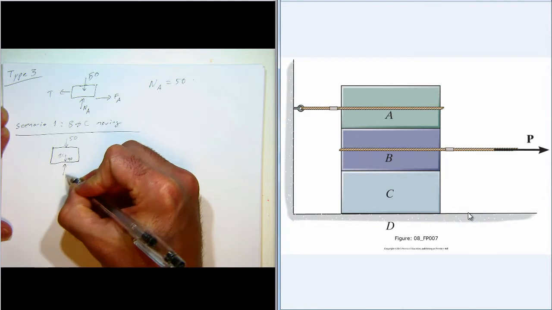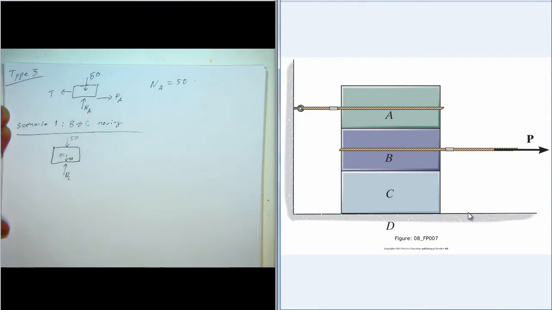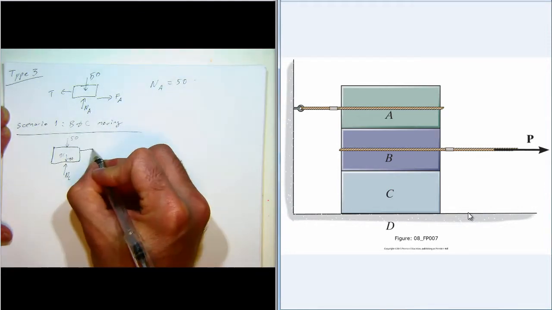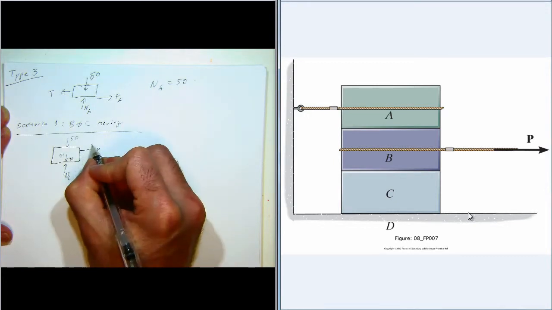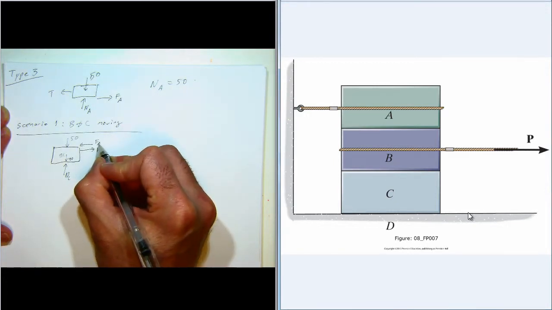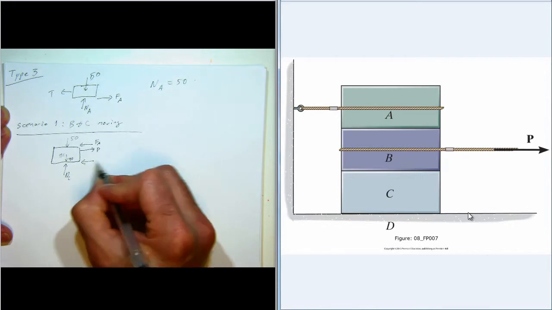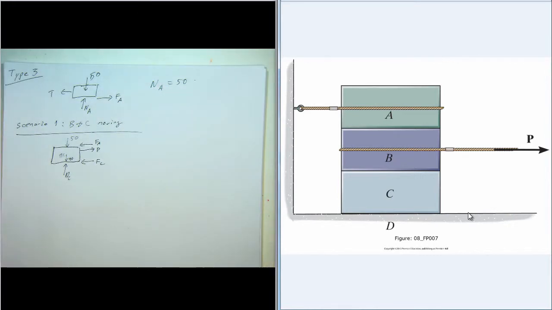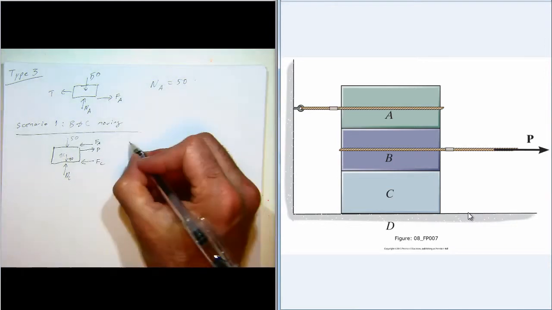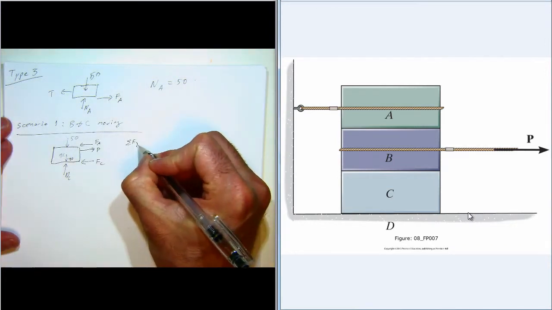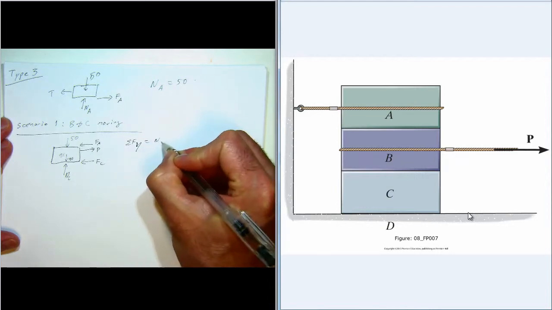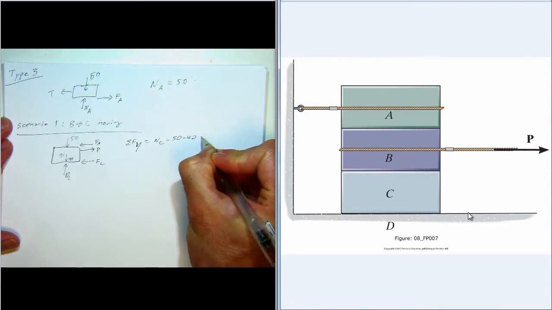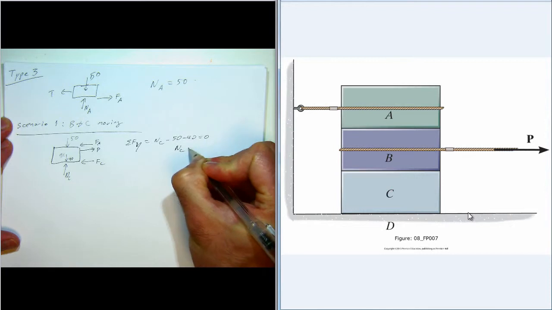And then we've got NC, the normal force between C and the ground, P, FA, and FC. So those are the frictional forces between A and B and between C and D. And the force balance in the Y direction gives us that NC is 90 newtons.